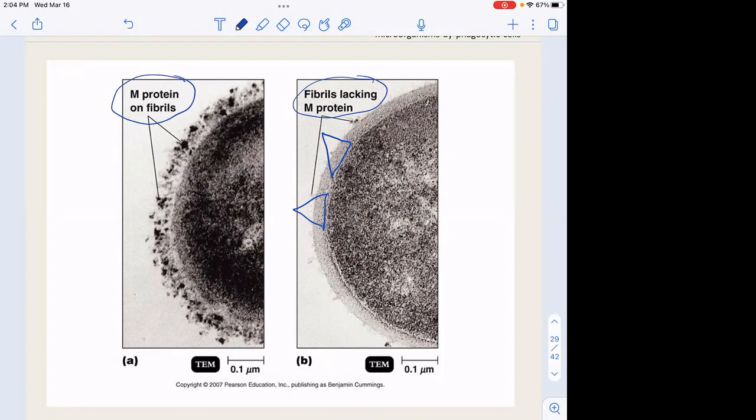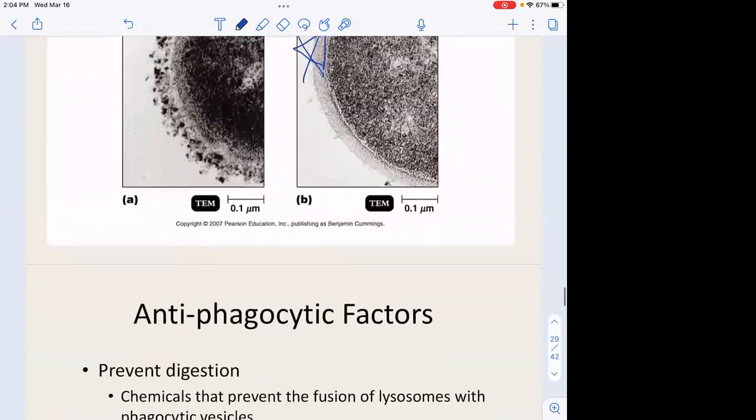Well, if the cell has these M proteins, then our complement proteins don't stick. So that's a way to evade a mechanism that we have to be more successful in phagocytizing cells. We'll talk more about that later.